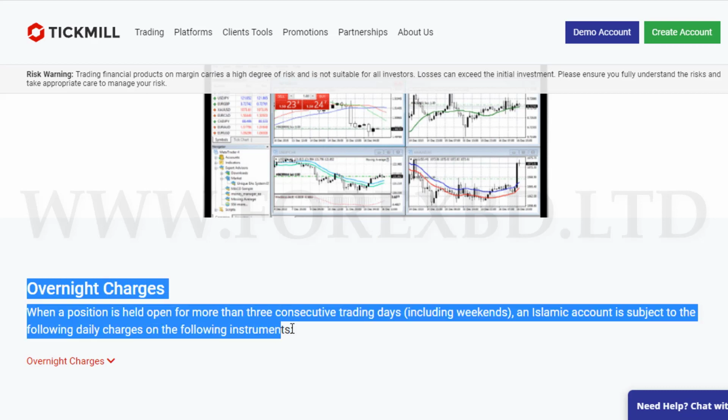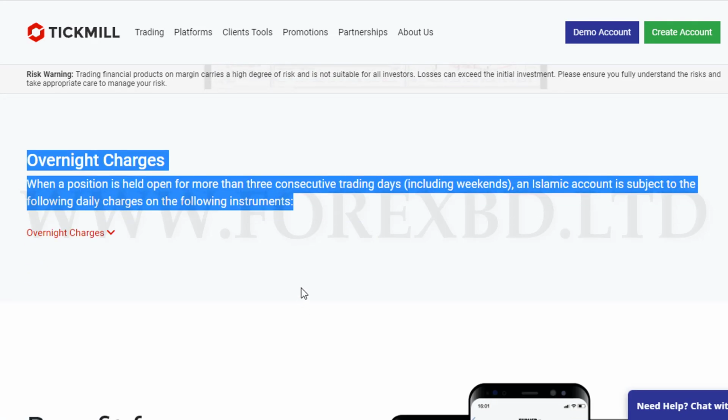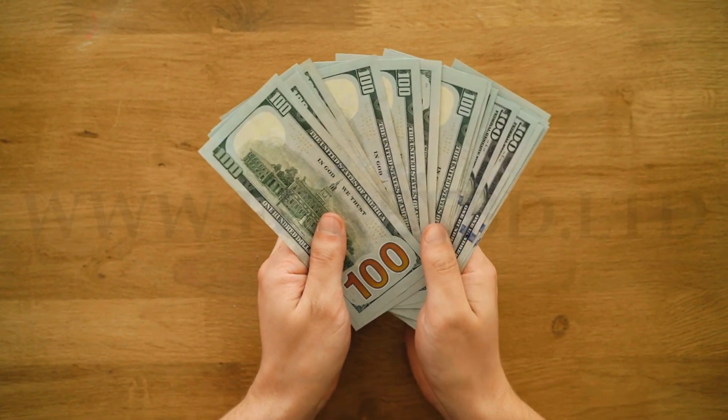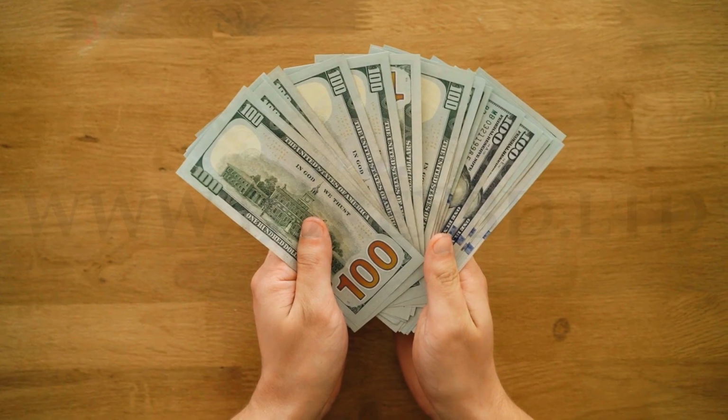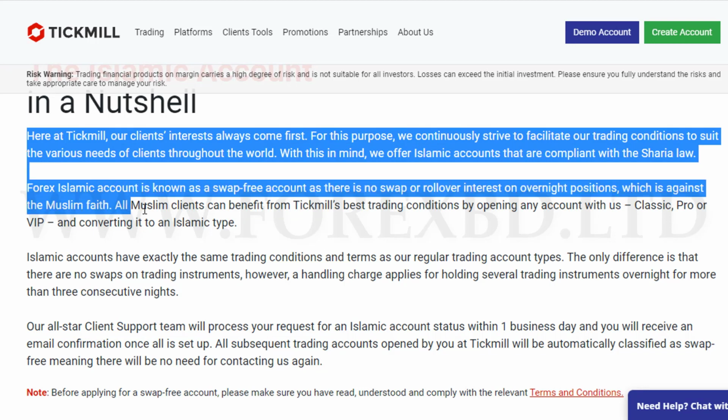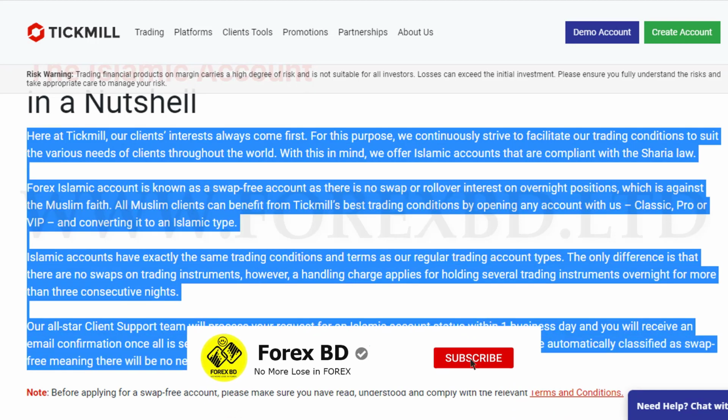Forex swap is a commission or rollover interest charged by a broker due to the overnight position of a trader. You will get interest on the currency you bought, and you will pay interest on the currency you sold. Most brokers complete the rollover process automatically, closing the open position at the end of the day and opening the same position for the next day. Let me give you an example.